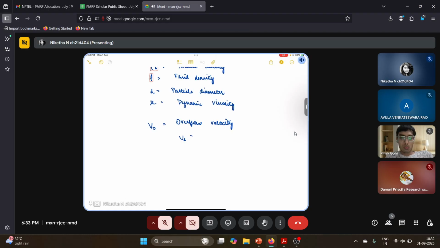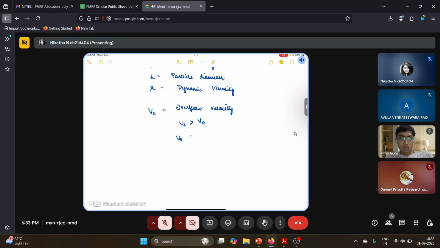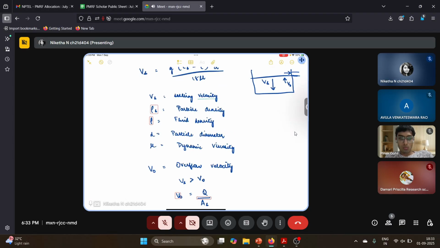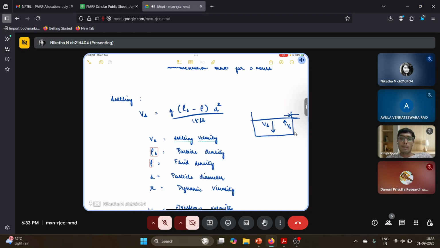Yeah, so for settling to happen, your settling velocity should be higher than the overflow velocity. So the overflow velocity is given by Q by As, where Q is the flow rate, or the volume of liquid flowing out per second. So that is given in terms of meter cube per second. And As is the cross sectional area, which means the surface area of the tank.